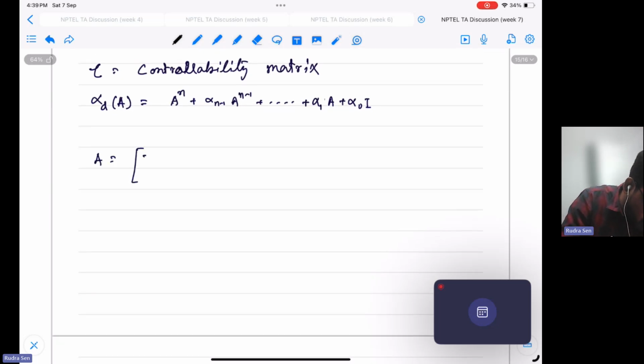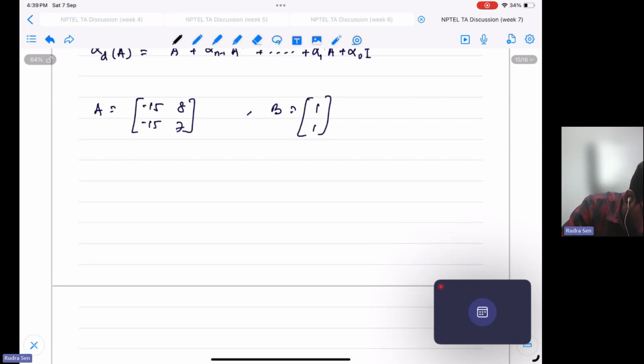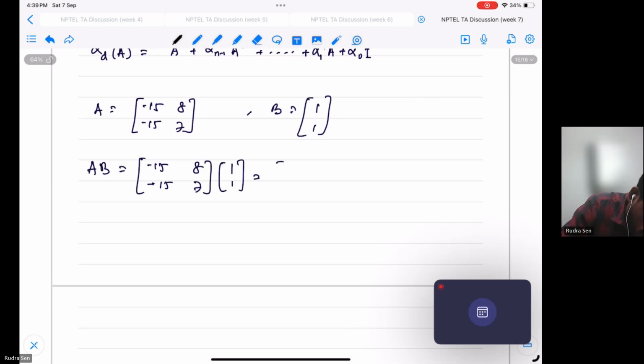A is [-15 8; -15 7]. This is our A. And B is [1; 1]. We have to find the controllability matrix, and for that we have to find AB, which is minus 15 plus 8 is minus 7, minus 15 plus 7 is minus 8, right?